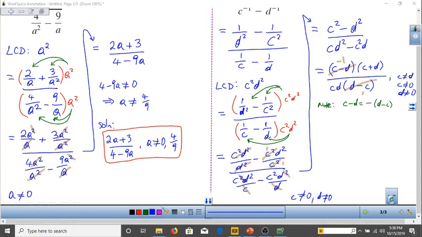So that leaves us with this result: negative c plus d over cd, or you could say c plus d over negative cd, with the stipulation that c is not equal to d, c is not equal to 0, and d is not equal to 0.